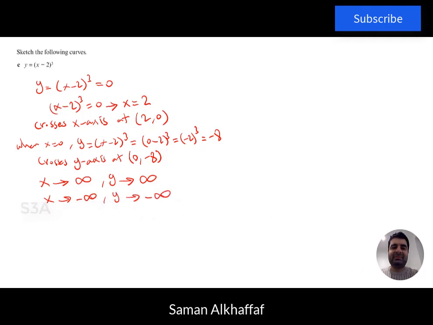Now in terms of the points where it crosses the axes, we have the point 2 and 0 on the x-axis, and on the y-axis we have the point 0 and minus 8. And this is our answer for sketching the curve and finding the points where it crosses the x and the y-axis.